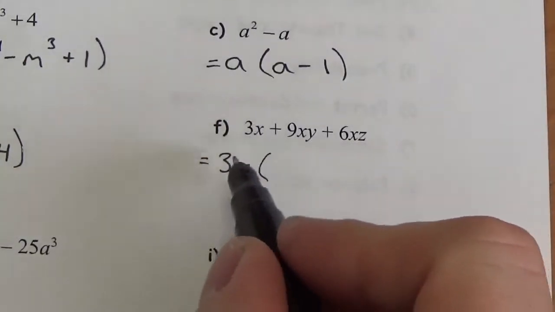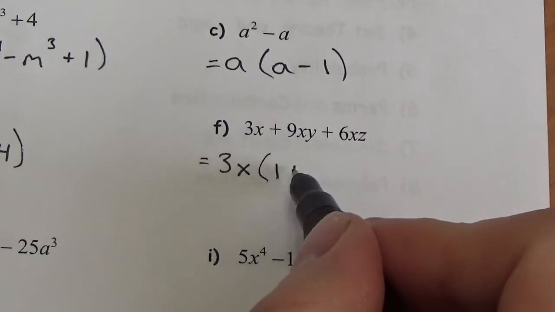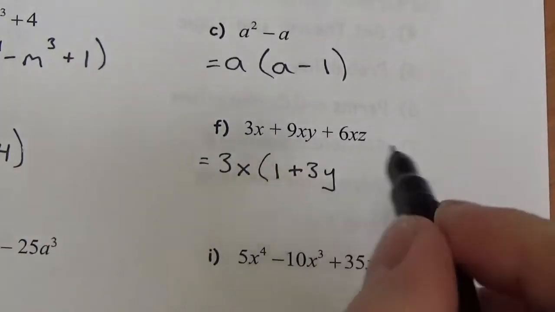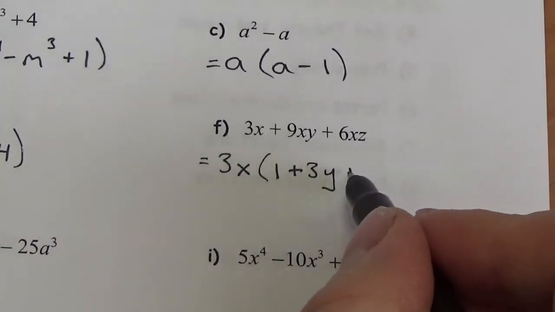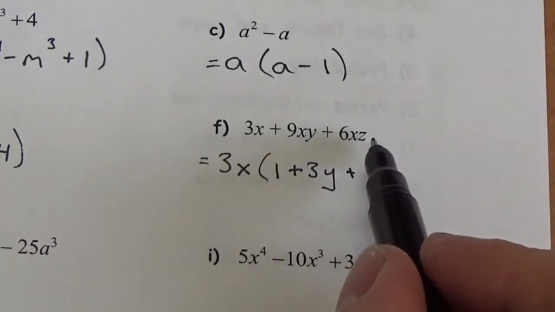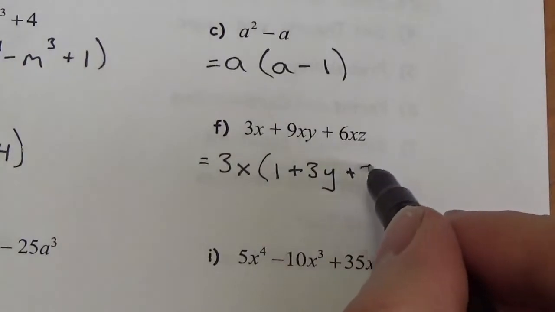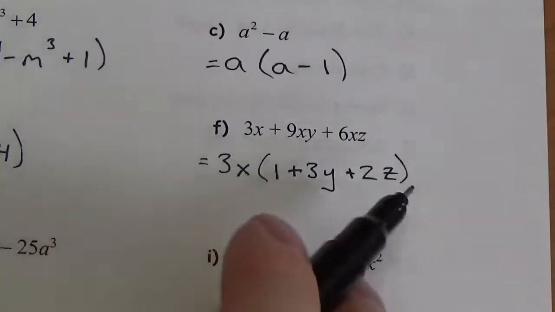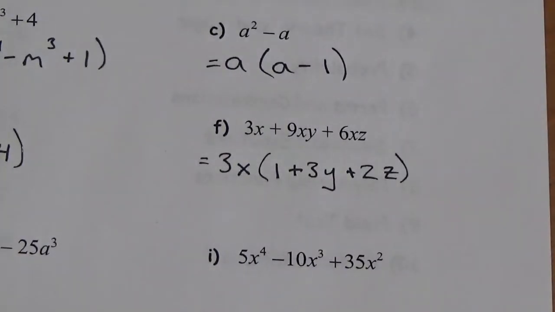Now, 3x divided by 3x is going to give me 1. 9xy divided by 3x is going to give me 3y. The x's will become 1. 6xz divided by 3x is going to be 2z. Okay, and again, if you distribute that out, you'll see that we did that correctly here.